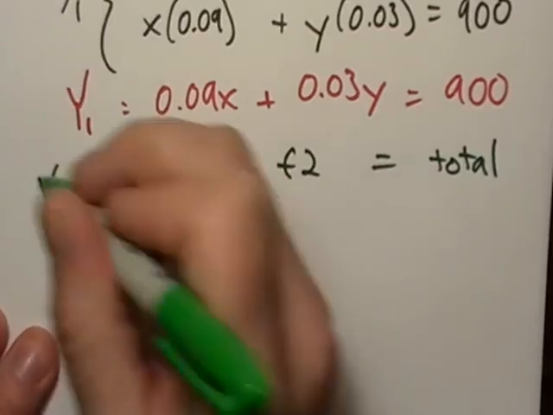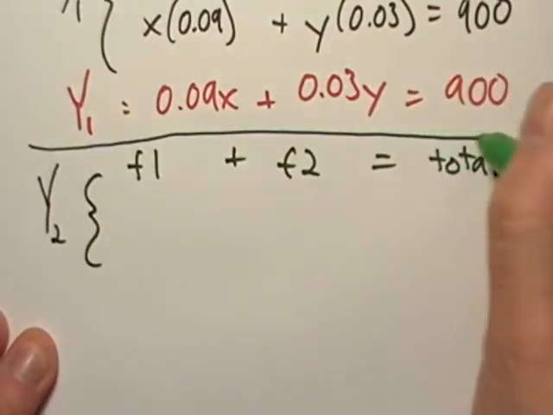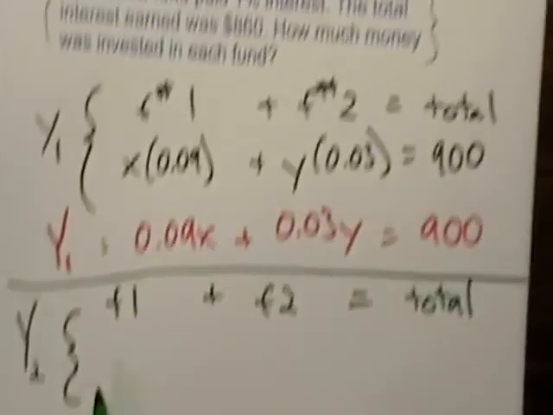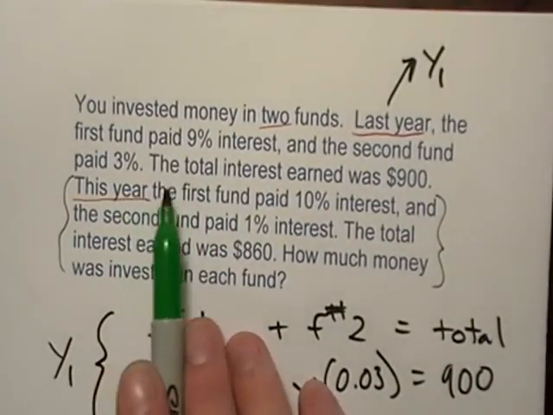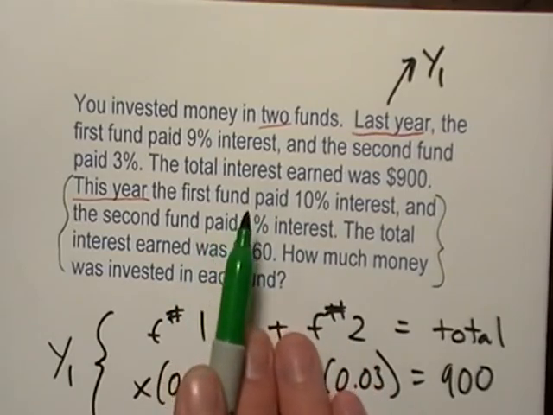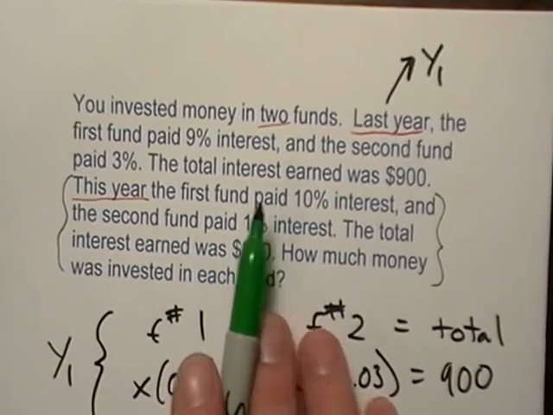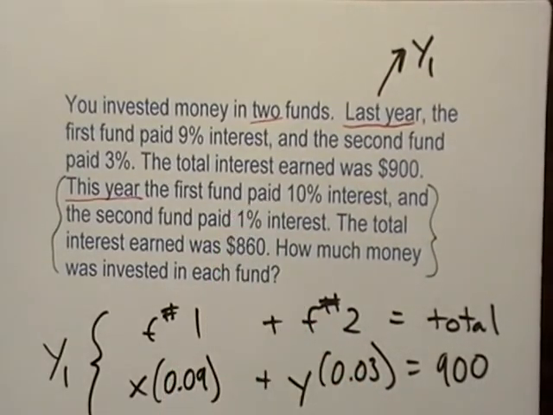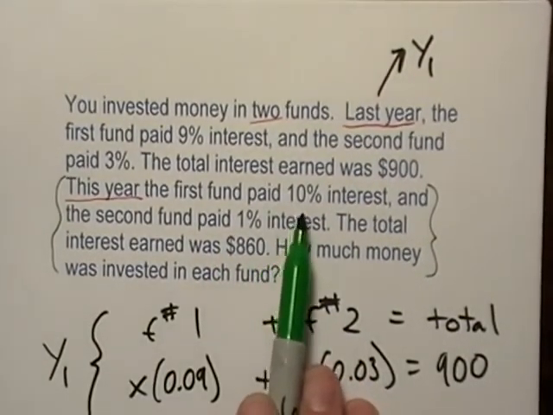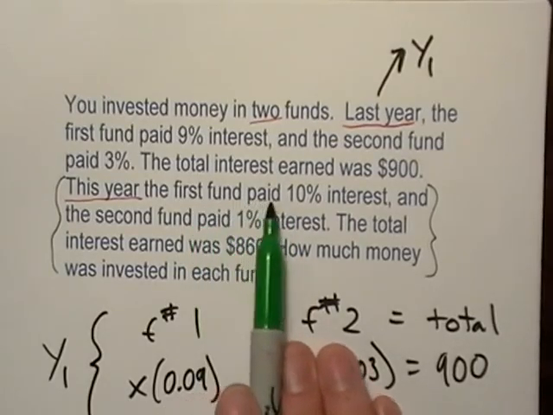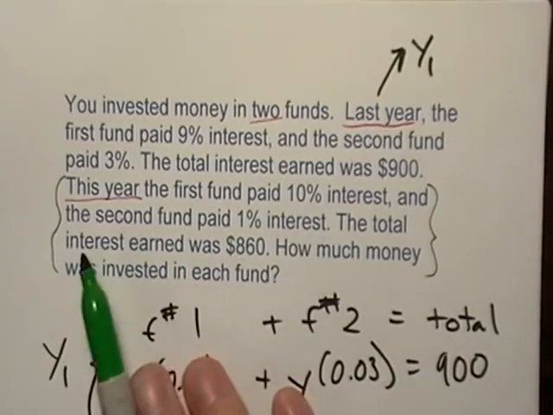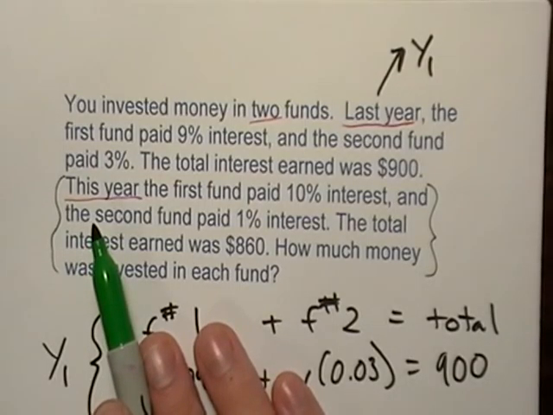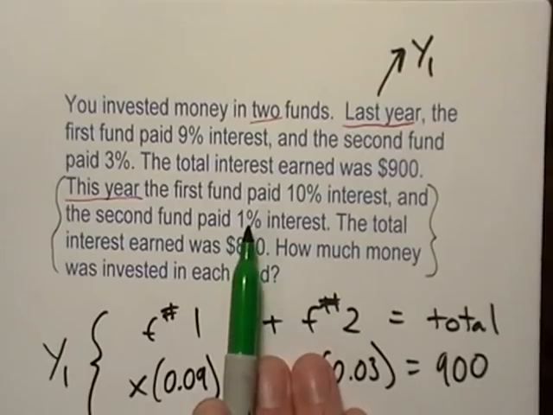Okay, I'm just going to make my little total here. So in the second year, what happened? It doesn't tell me how much I invested in each fund, so we're going to use X and Y again. So we're going to invest X dollars in the first fund at 10%, and then we're going to invest Y dollars in the second fund at 1%.